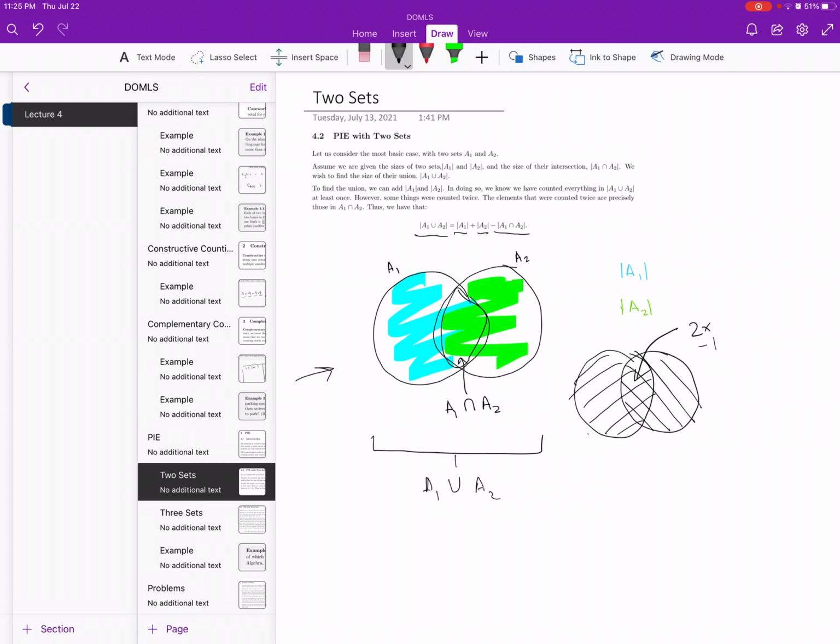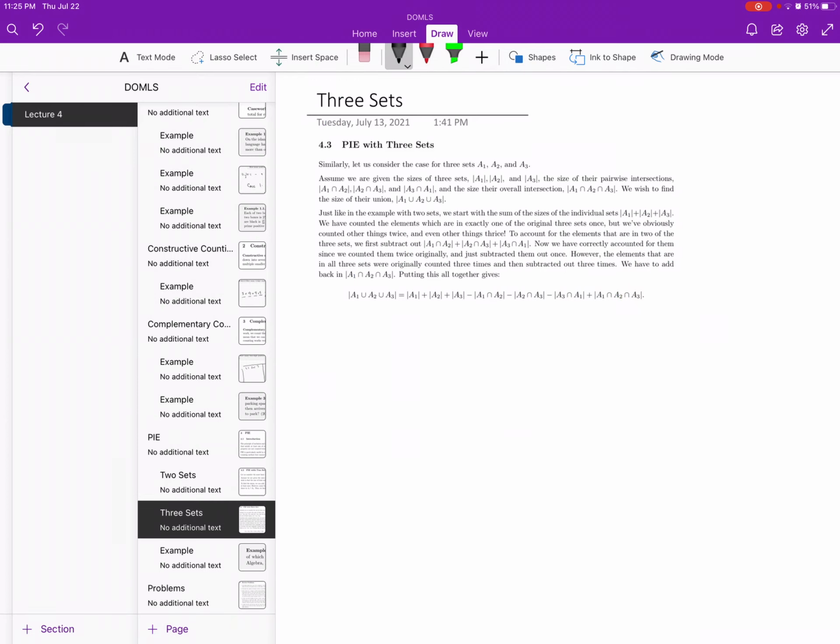So now let's look at 3 sets. Here, drawing a Venn diagram is not too difficult, but I'm not going to draw it. You can see it through the equation.